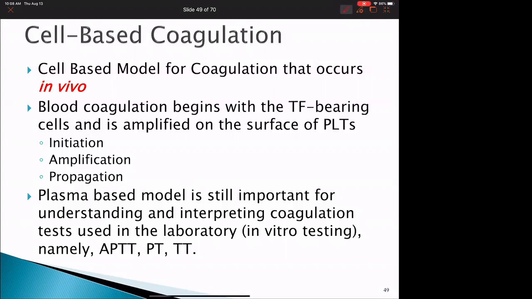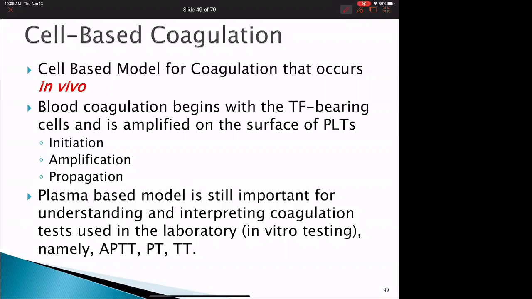So it's the process that occurs in vivo, okay? The model for blood coagulation gets initiated on tissue factor-bearing cells, but then it is amplified on the surface of platelets, okay?